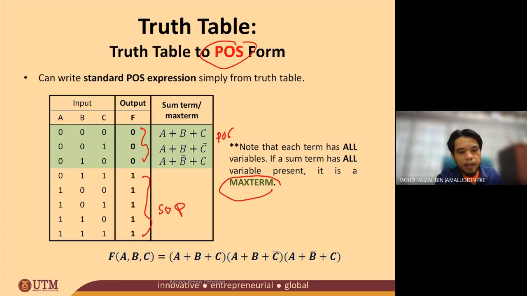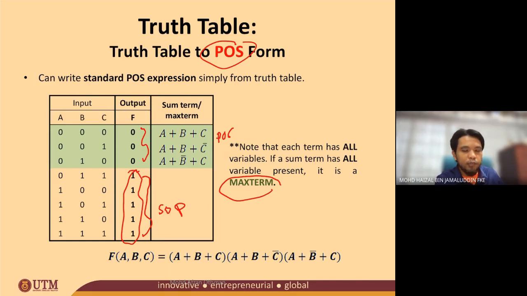So it depends how the question is asked, whether you want to write in the SOP or POS. So when you have included the SOP, all the value is 1, for example, this one. So another 3 or the balance.